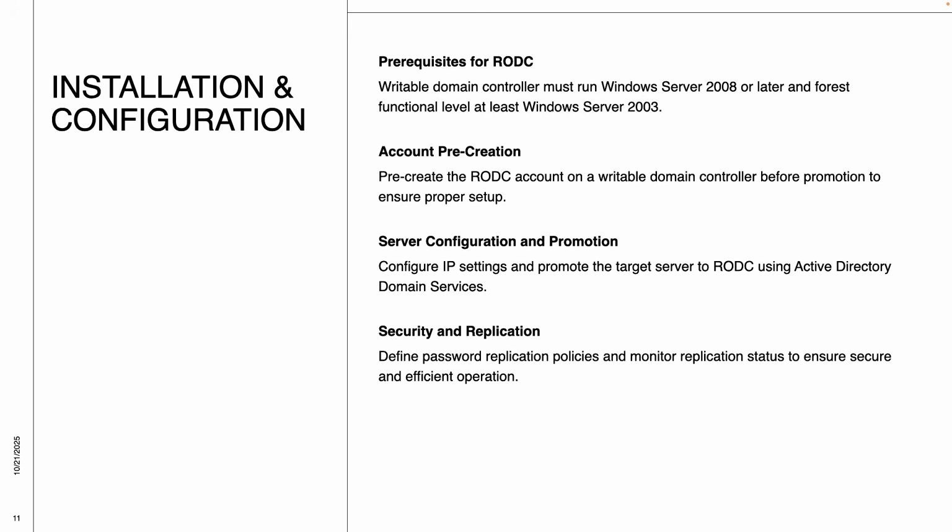Next, the target server is configured with the appropriate IP settings and promoted to an RODC using Active Directory Domain Services. During promotion, administrators can define password replication policies and specify which credentials can be cached. Proper configuration ensures that the RODCs operate securely and efficiently within the domain.